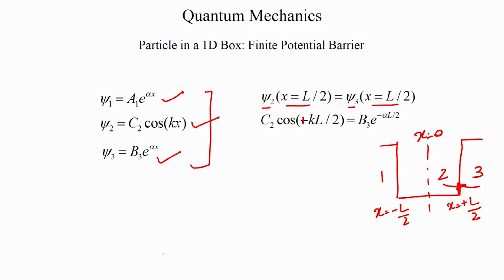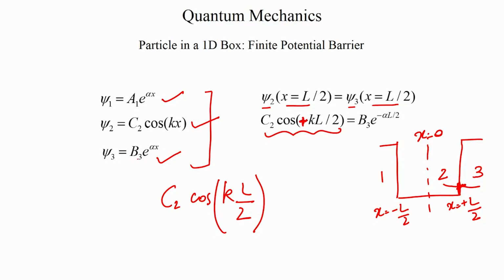Now what is psi 2 at x equal to L by 2? You have C2 cosine k L by 2, that is my psi 2. Okay, so this is a typo, please pardon me, there should be a plus here. So that is psi 2. And what is psi 3?